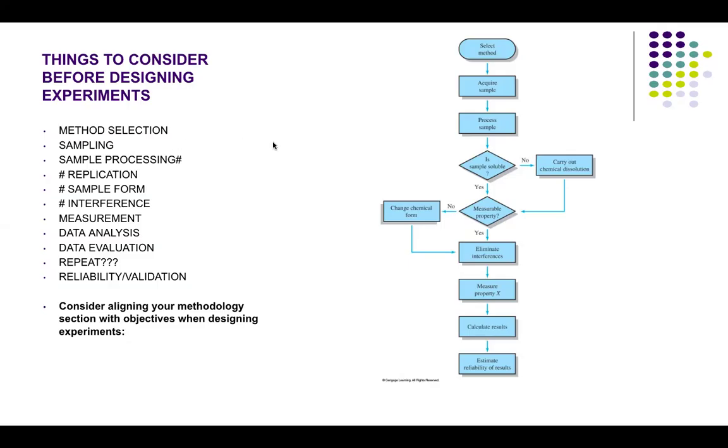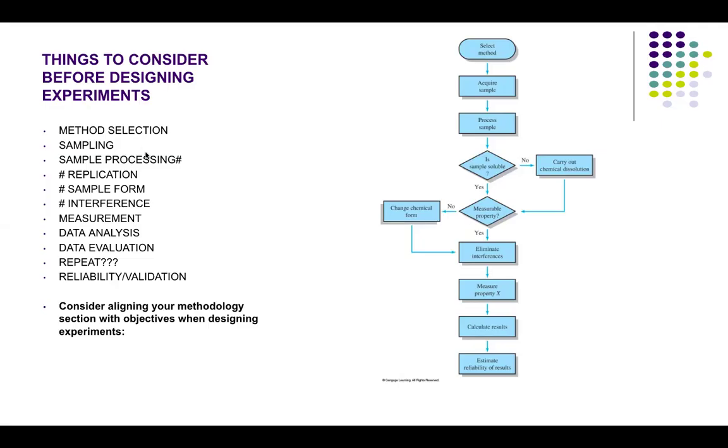Okay, so this is just a very general idea of how you do analysis. It is common for all analysis, regardless of food, agriculture, or biochemicals. These are the common steps.